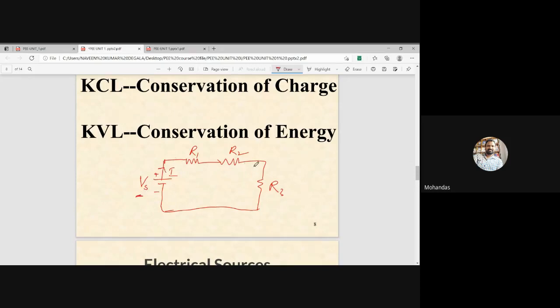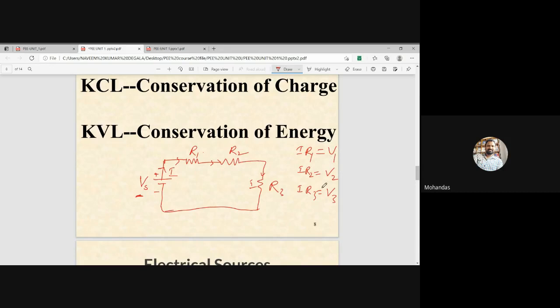But current is flowing, so if current I is flowing through R1, there is a voltage drop: I into R1, next I into R2, I into R3. Here also the same current is flowing, I into R3.